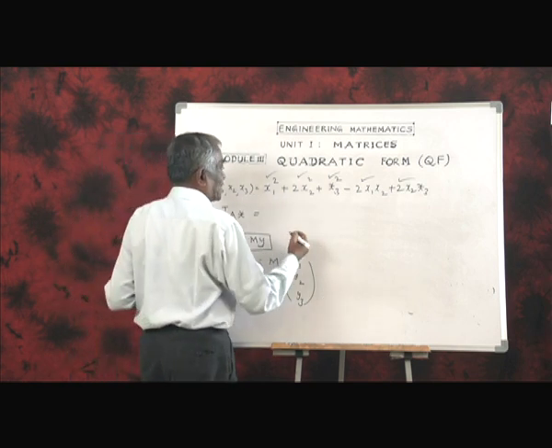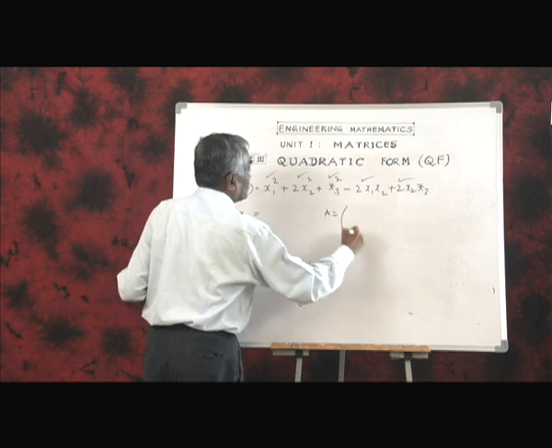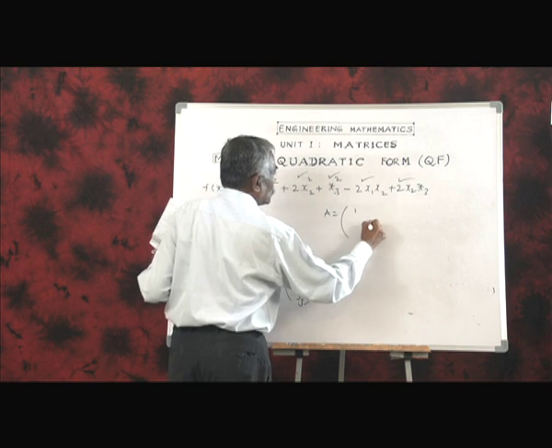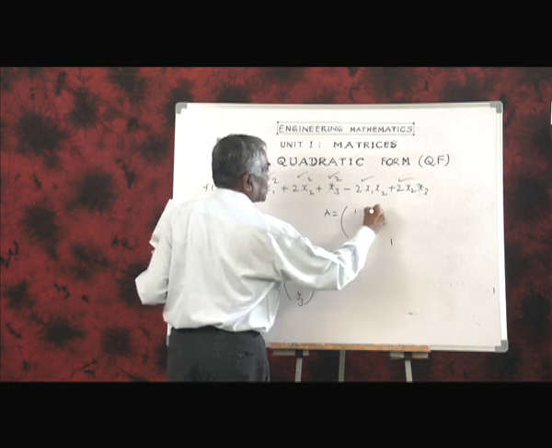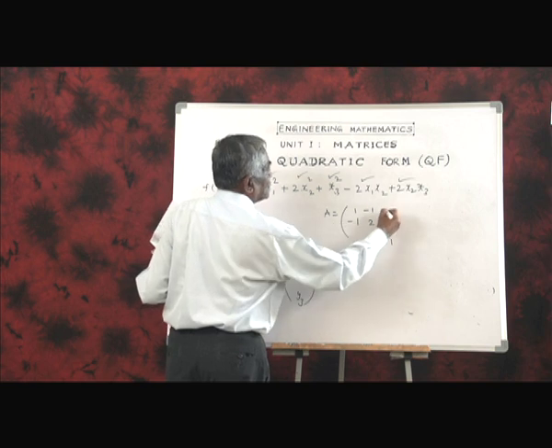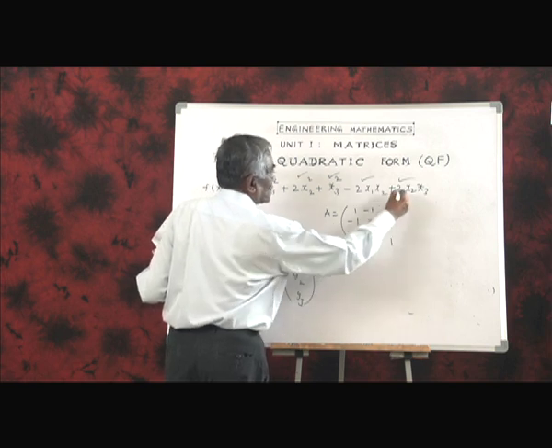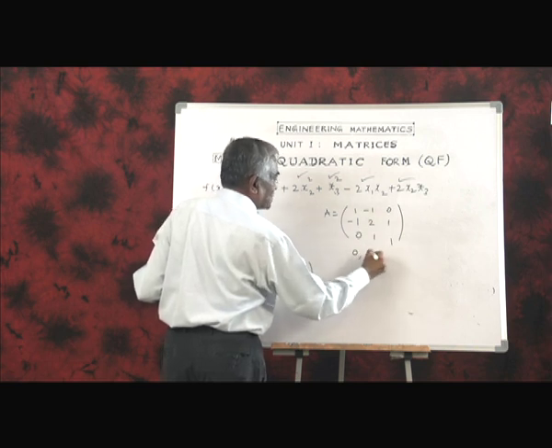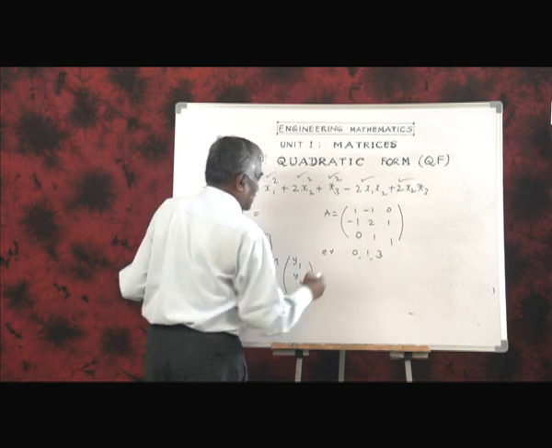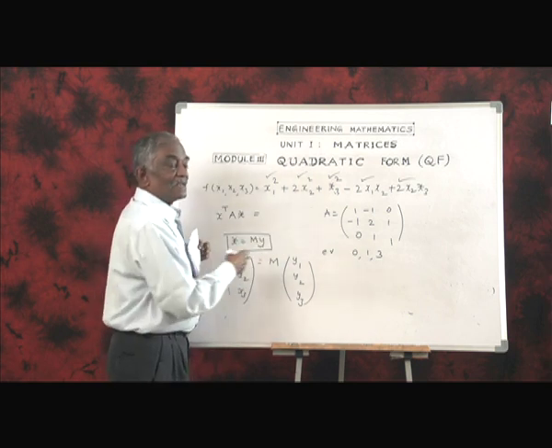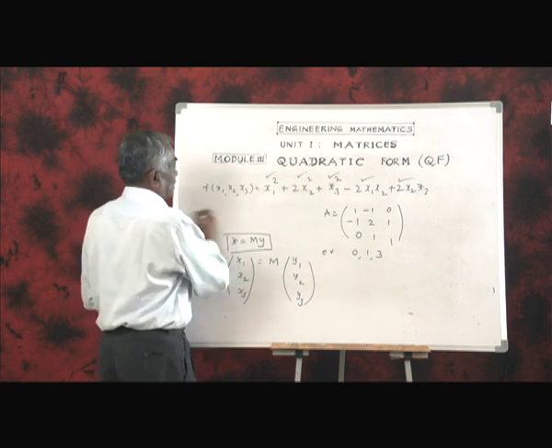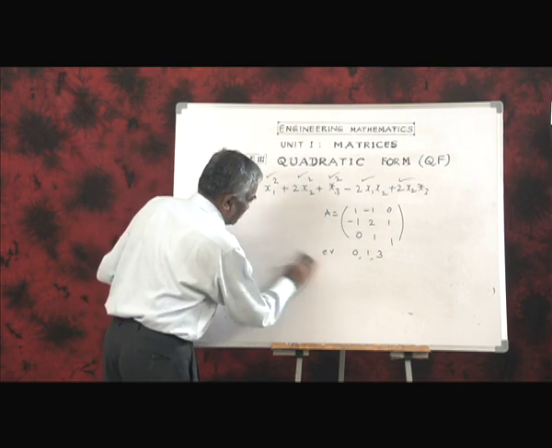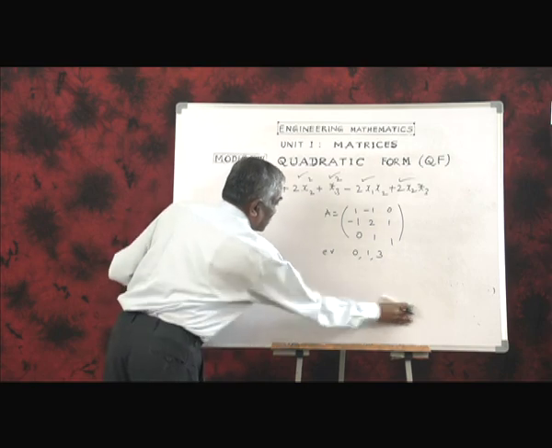Remember the matrix of the quadratic form we got here: 1, 2, 1, here minus 1, minus 1, here 0, 0, here 1, 1, as I explained. Then we got the eigenvalues as 0, 1, 3. Now the remaining problem is to find the eigenvectors. I explained eigenvectors in the first module, so I will explain how to find them very quickly, because you know the method.